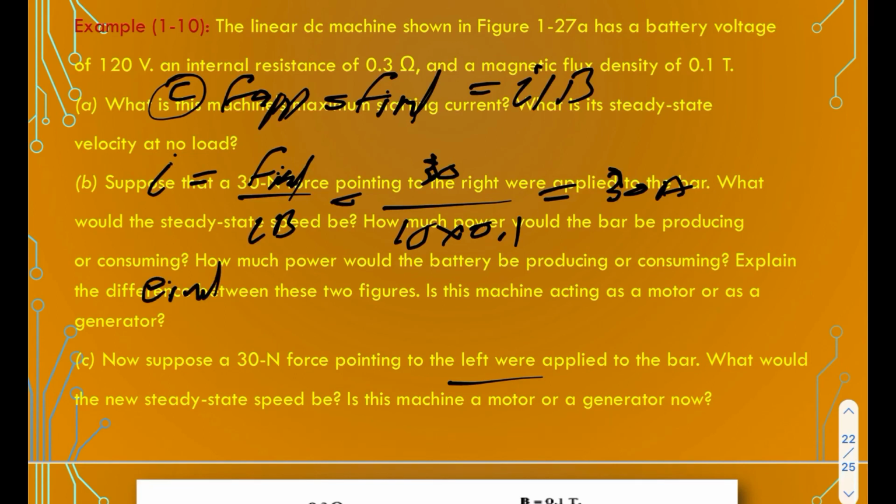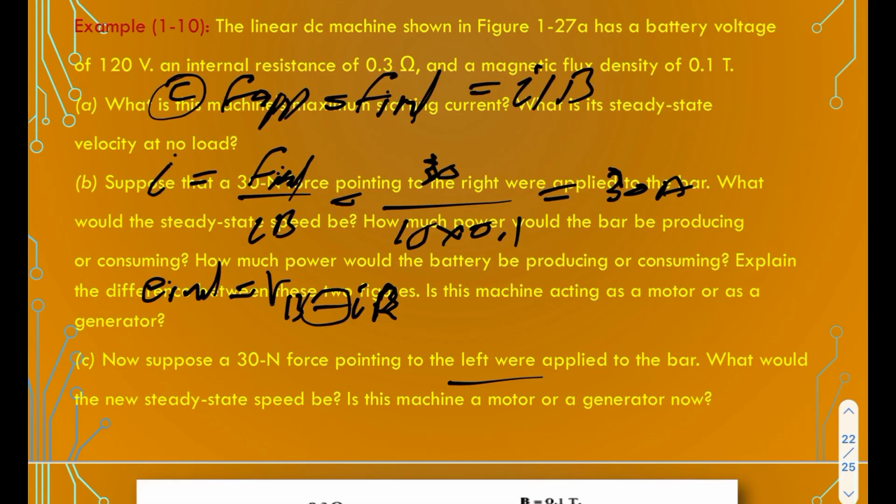Now in this case, E induced is equal to V_B minus IR, because now it is a motor. If the force is applied to the left, it will be minus. For B it was positive because it was a generator.